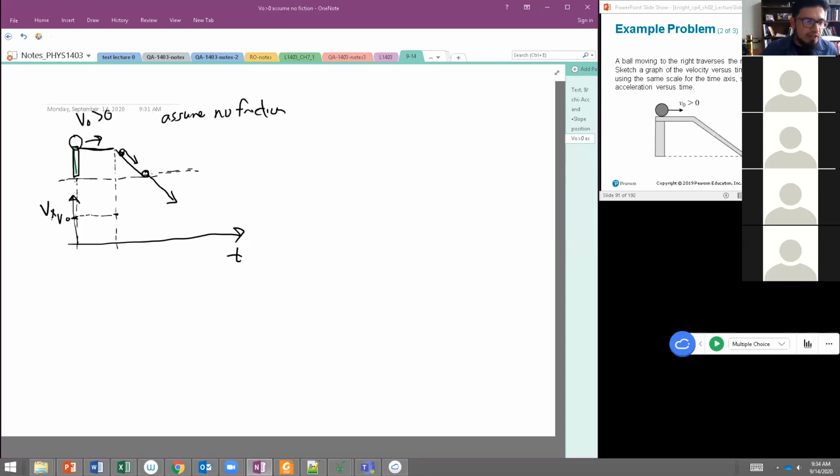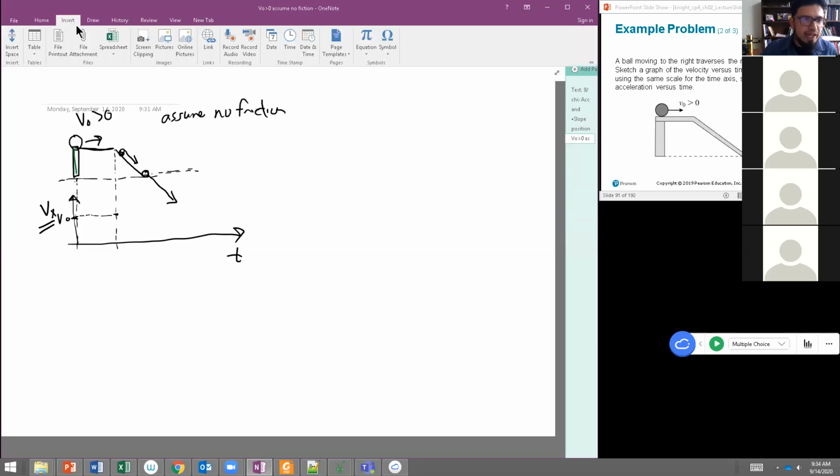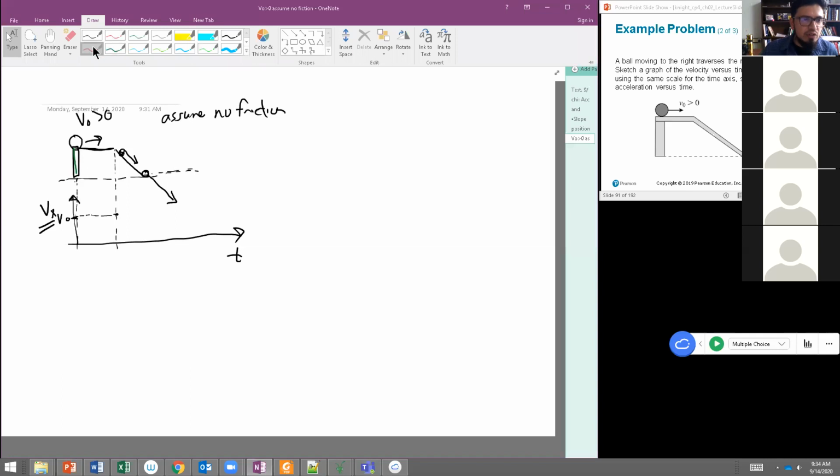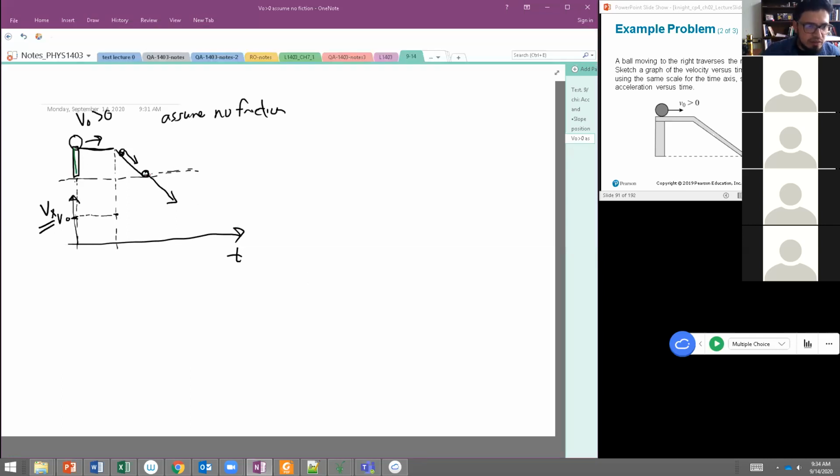However, since we're plotting velocity in the x direction, we're interested only in that component of the velocity. On this graph, these vectors that I've drawn, which are the true motion or the true velocity, are made up of an x component and a y component of the velocity.